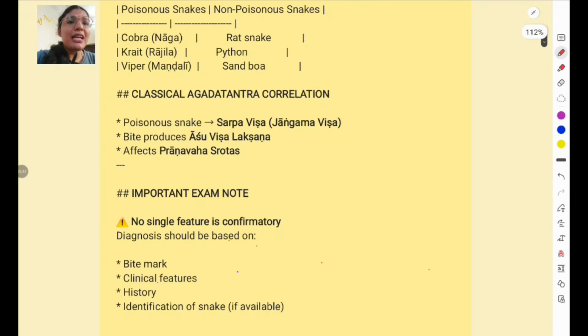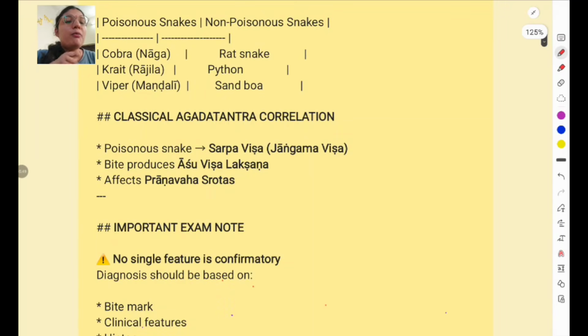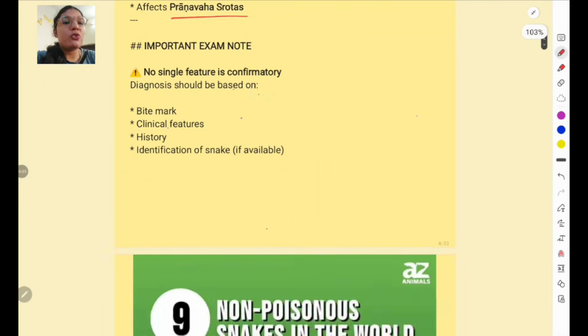Then, if we talk about the classification of the snake, you can write like this. Classically, a poisonous snake comes under the Sarpa visha or Jangama visha, and their bite will produce the Ashu visha lakshana. It means when a snake bites a person, then immediate manifestation of the symptoms will be there, and it mainly affects your pranavaha srotas.